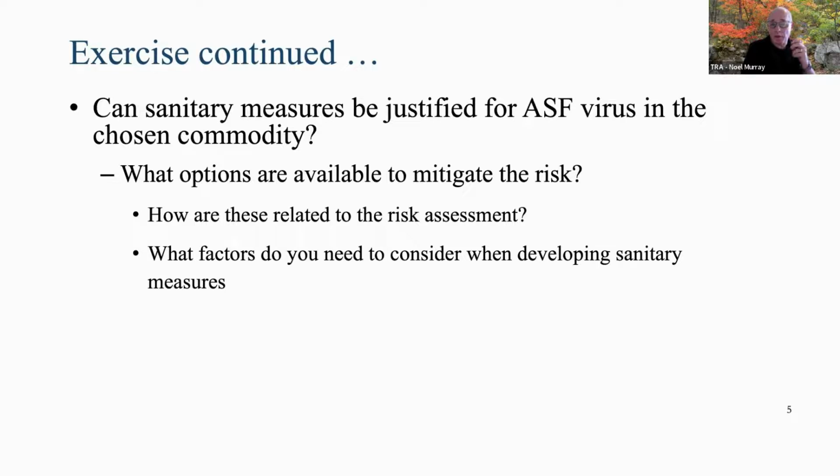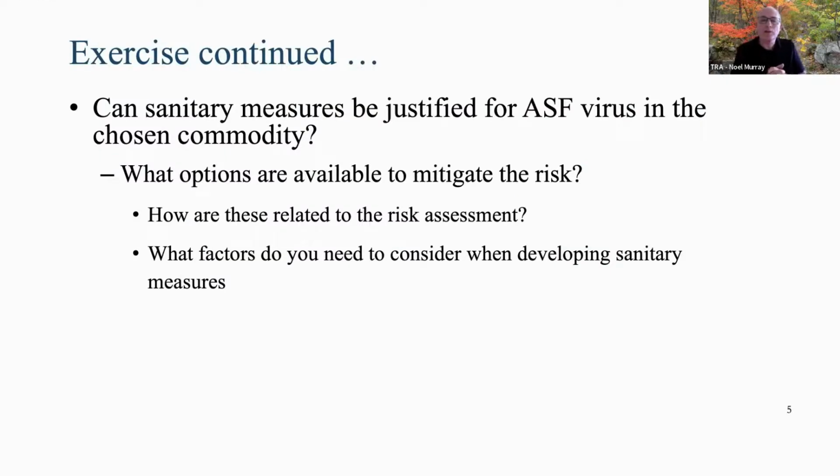Then that naturally leads us to whether sanitary measures can be justified for African swine fever virus in the chosen commodity. And then think about what options might be available to mitigate that risk, how those options importantly are related to the risk assessment, and then what factors might you need to consider when developing sanitary measures.